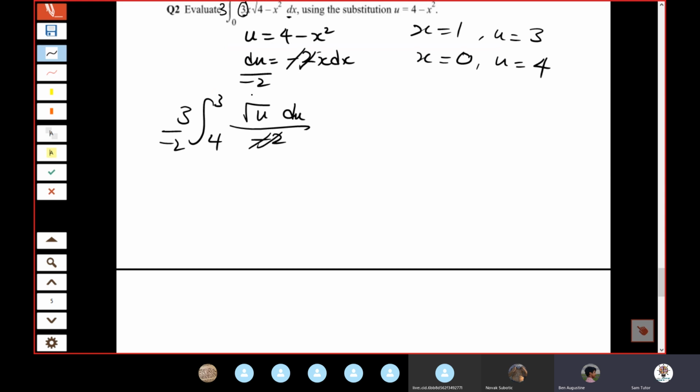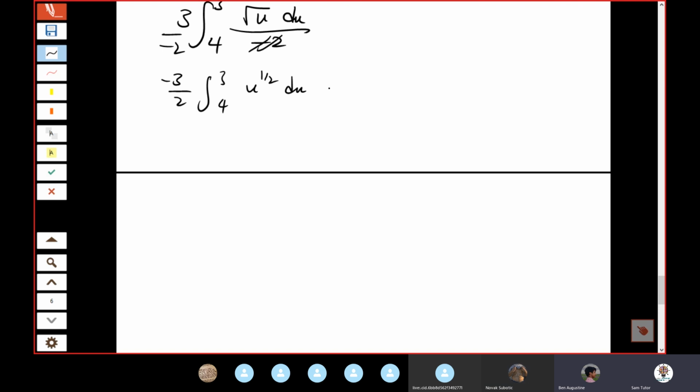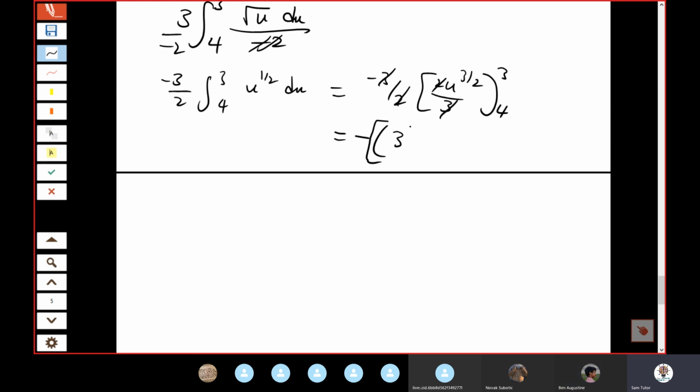Next line becomes... the 2 and 2 will cancel out. 3 and 3 will cancel out. You're just left with negative 3. Well, I might use big brackets here. 3 to the power of 3 over 2 minus, you're subbing 4, 4 to the power of 3 over 2.